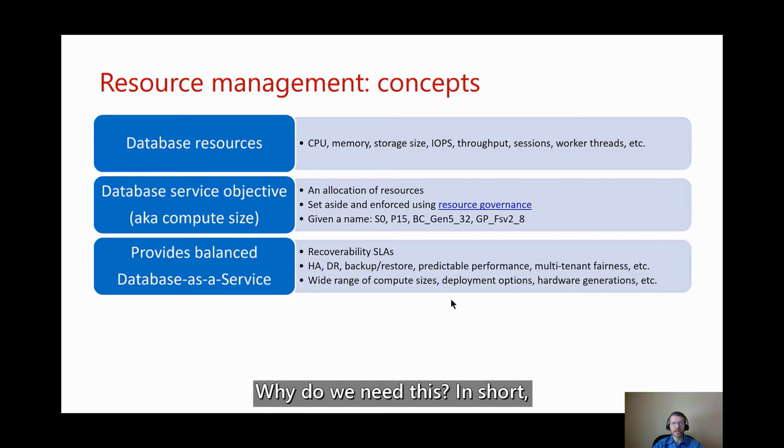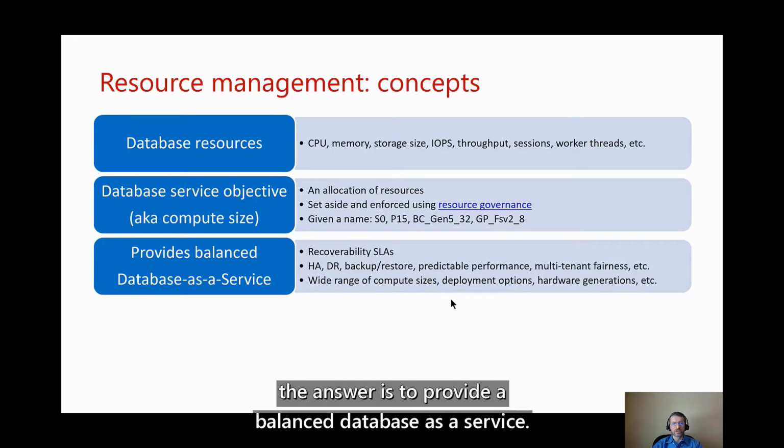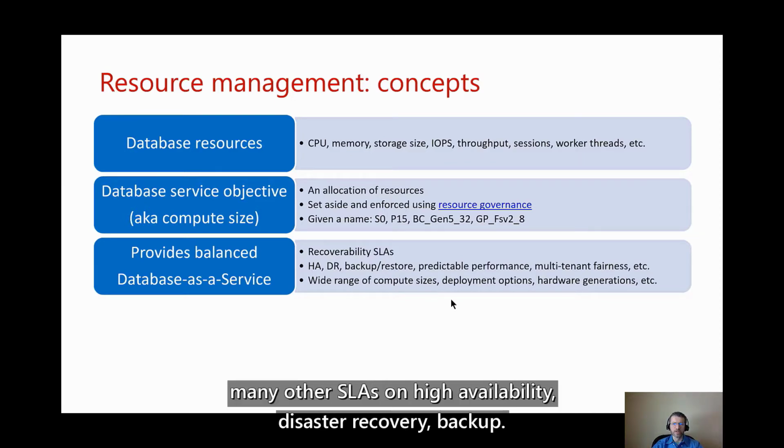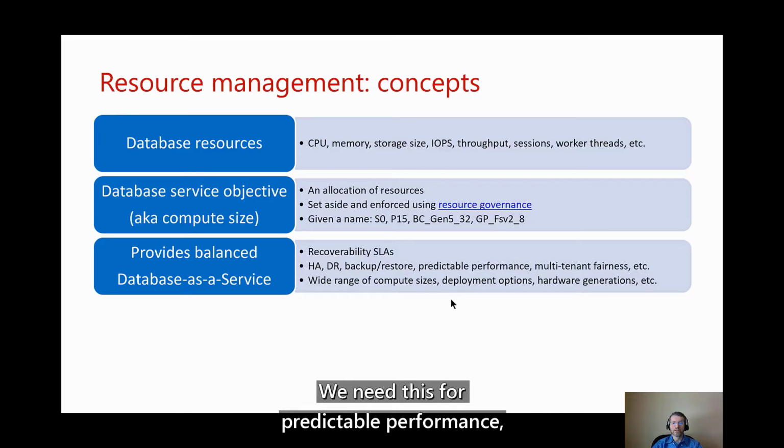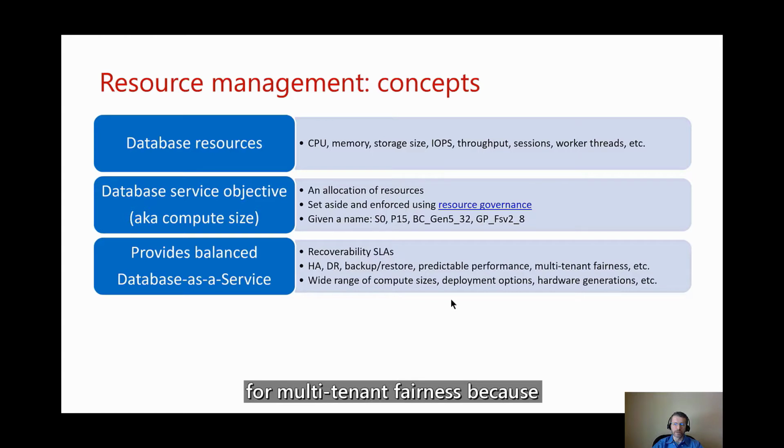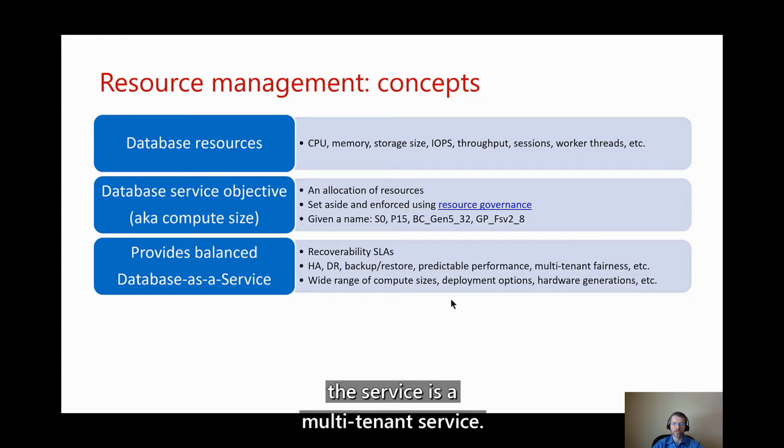Why do we need this? In short, the answer is to provide a balanced database as a service. We need to meet our recoverability SLAs, as well as many other SLAs on high availability, disaster recovery, backup. We need it for predictable performance, for multi-tenant fairness, because the service is a multi-tenant service.